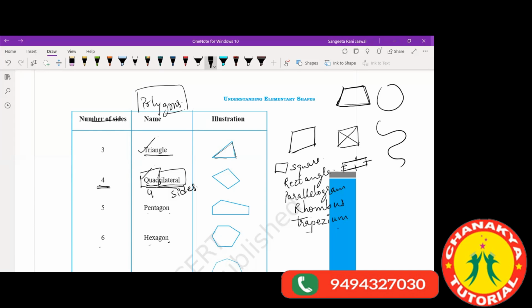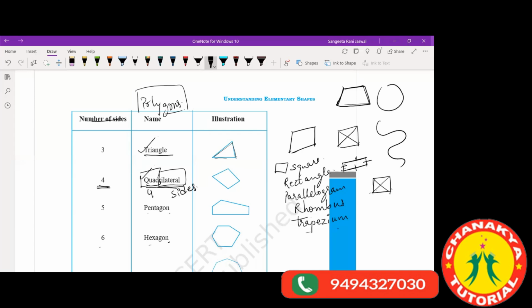Now suppose I tell you, beta, how do you find the diagonals in a polygon? Suppose this is a square, how many diagonals does a square have? You can just draw quickly from one corner to another corner like this.